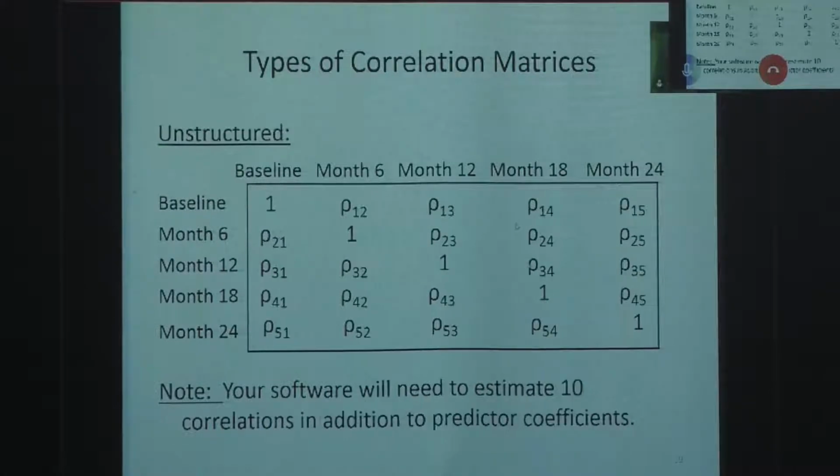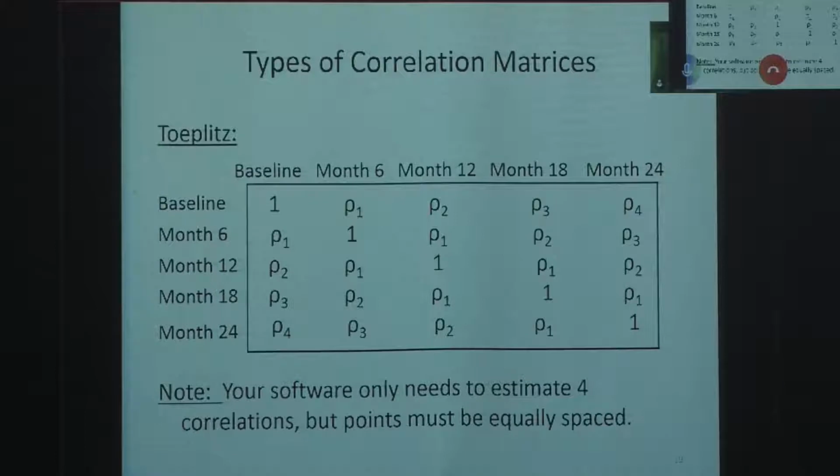Here, there were 10 numbers that your software needed to estimate. If you put less burden on your software, only estimate 4 correlations, that means that your estimates of the betas for time and gender are going to be more stable and have more power. So by doing less here, you save more of your power for estimating the coefficients you care about.